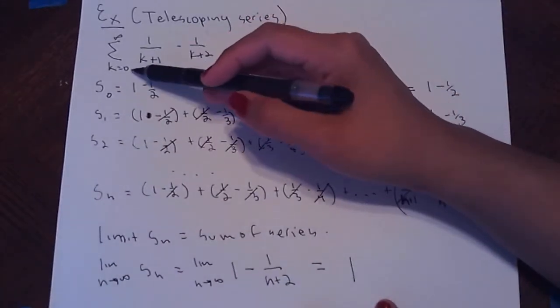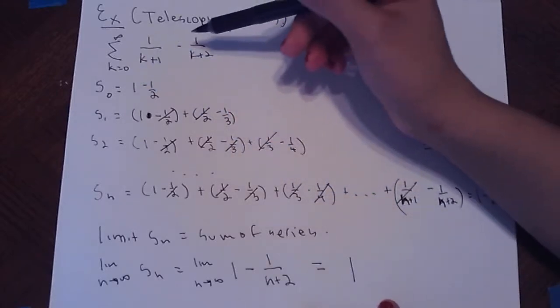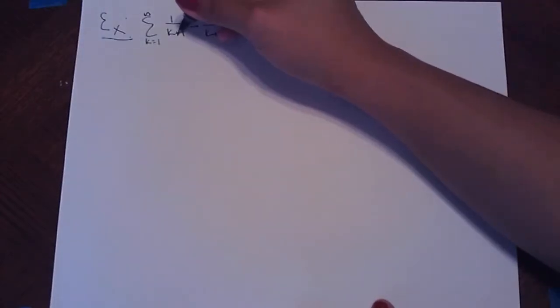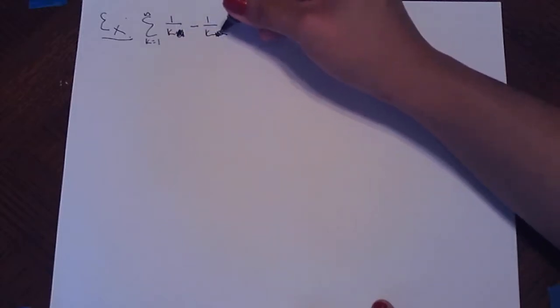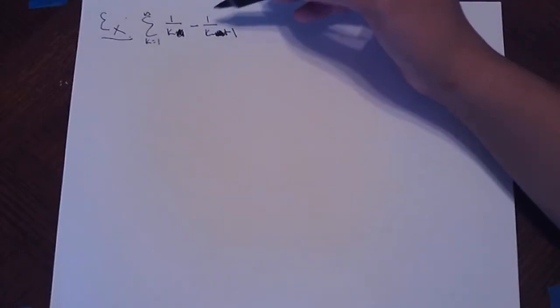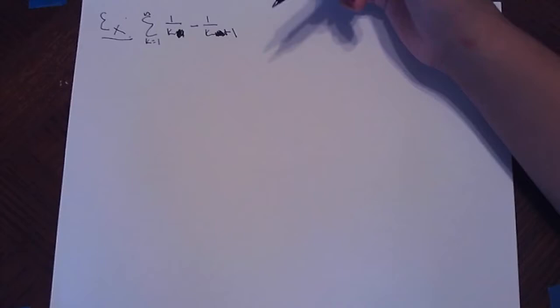We started the indexing at 0, so that my first term was 1, and then my next term is minus a half, and that changes ever so slightly. We'll make it so the first term is 1, and the first term we're subtracting off is minus a half. So this is slightly indexed differently from how we wrote it before, but it gives you the same exact sequence: 1 over k minus 1 over k plus 1. We've looked at something very similar, and we've shown that this piece adds up to 1.